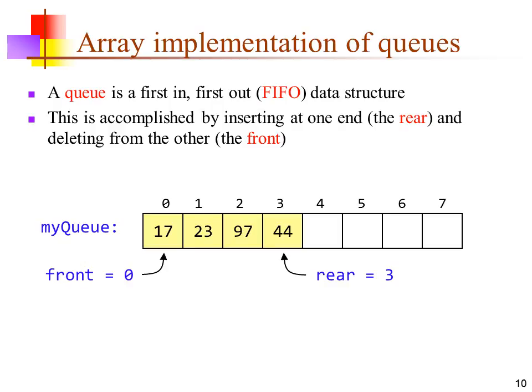So after the first insertion, rear value 0. After the second insertion, rear value 1. After the third insertion, rear value 2. And after the fourth insertion, rear value 3.